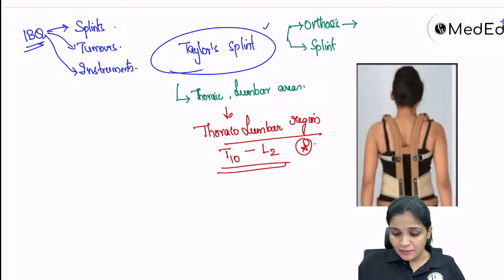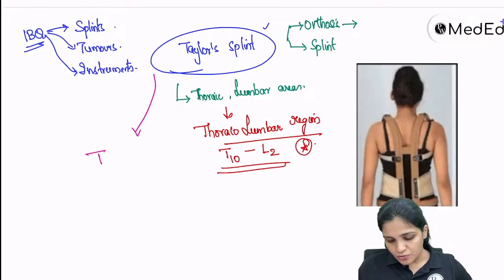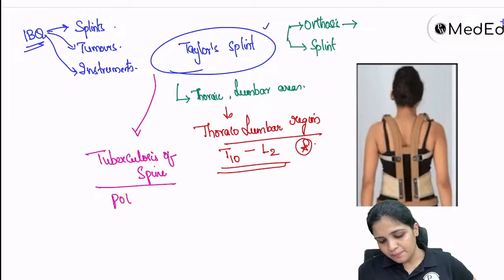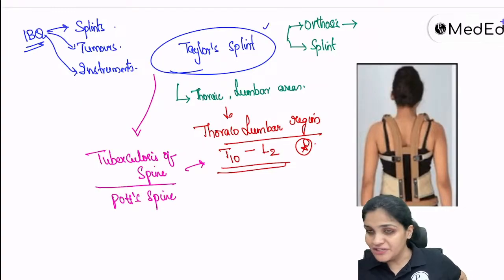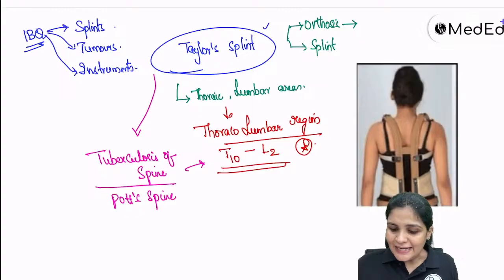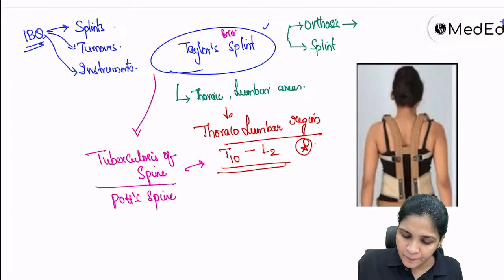This very important Taylor's splint is used in tuberculosis of the spine, which is also called Pott's spine. In that, especially the thoracolumbar region gets affected. So to support that area, this splint or brace is used. This is called the Taylor's brace or splint.